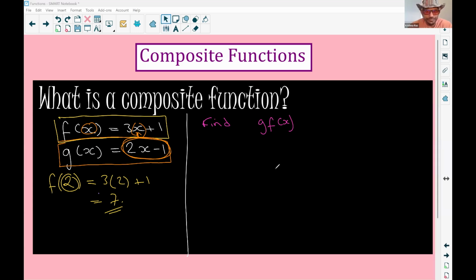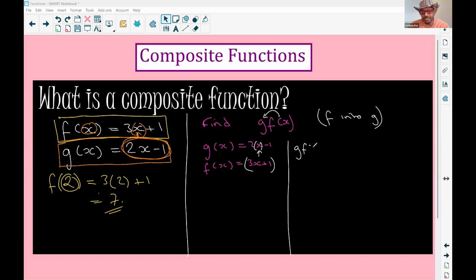All right, welcome back. So this time we're subbing in f into g. So g is 2x minus 1. f is 3x plus 1. And we want to sub f into g. So that means this f here has to replace that x there.